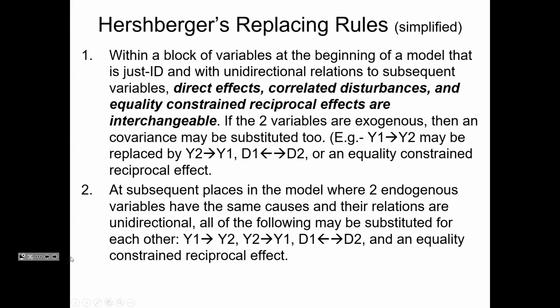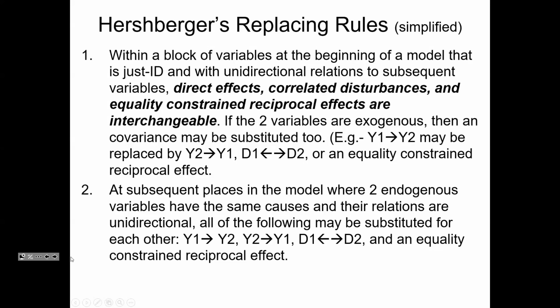Within a block of variables at the beginning of a model that's just identified, direct effects, correlated disturbances, and equality constrained reciprocal effects are all interchangeable. And if the two variables are exogenous, you can substitute in a covariance.